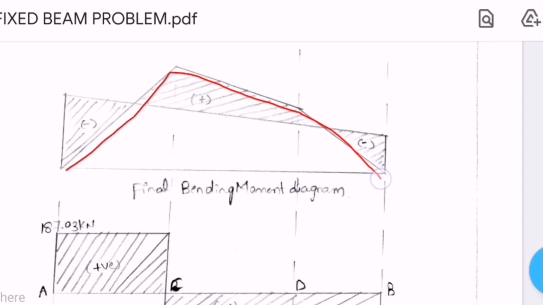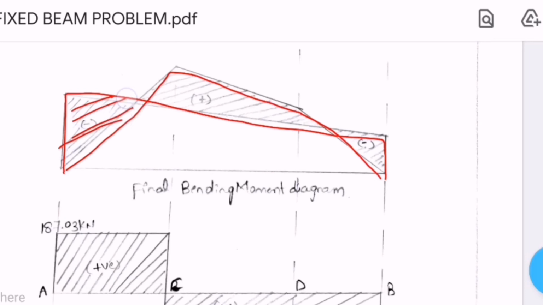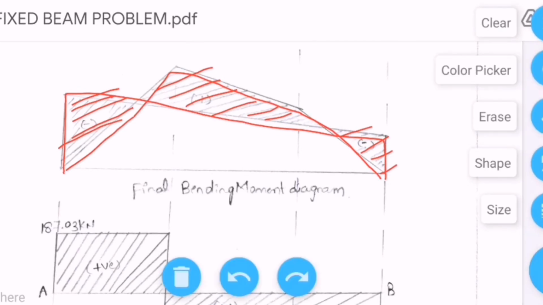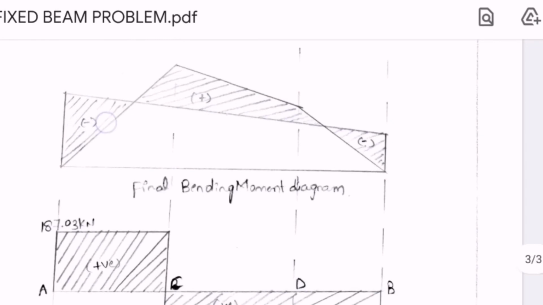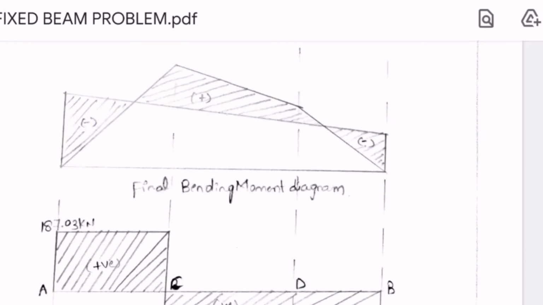This is the free end diagram and this is the fixed end diagram, and the portions which are merged, the common portions, are hatched like this.